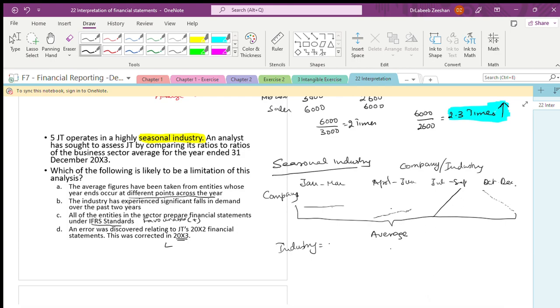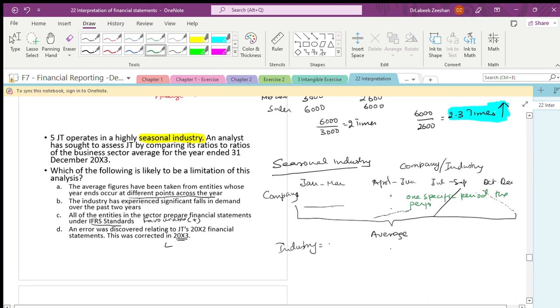Seasonal industry. Okay, seasonal industry. What is the limitation? The limitation of the seasonal industry is that during one specific period, I'm writing here, one specific period, the performance will be best, the best of the best.